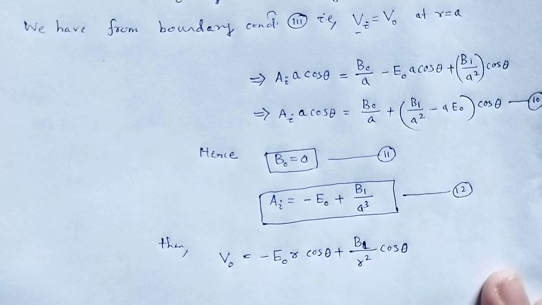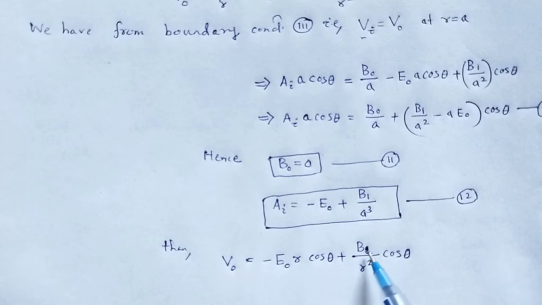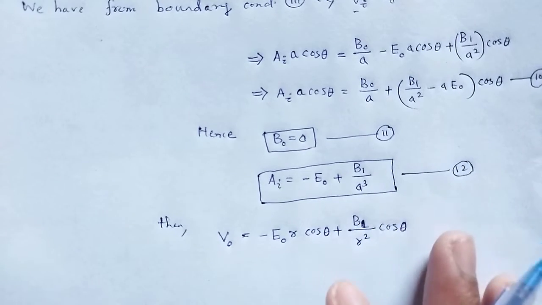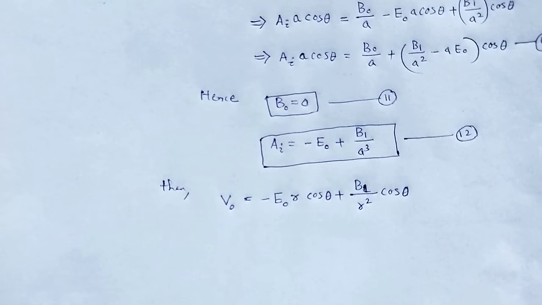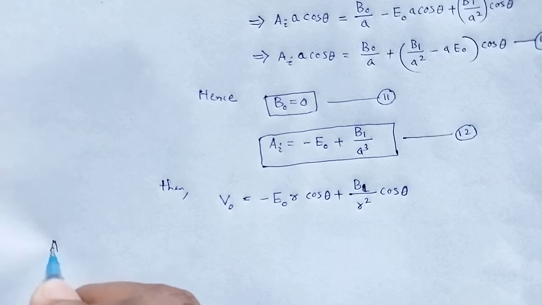We have to evaluate B1, but the electric field, the radial electric field or transverse electric field, that is radial outside and transverse outside, we can use these components to get the constant B1. Again we proceed.